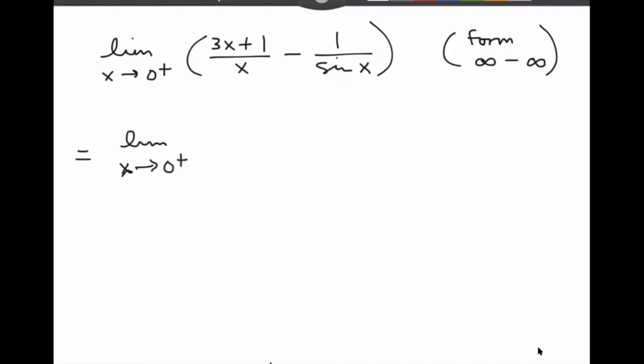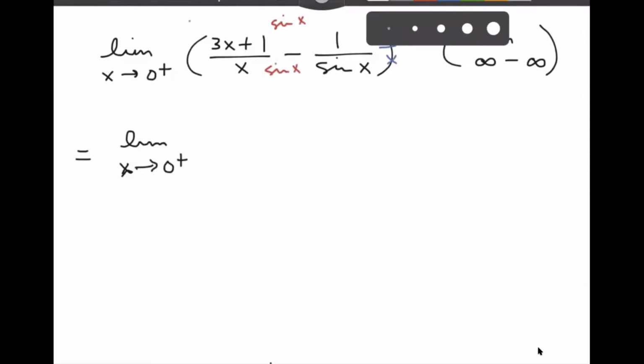So combining this into a single expression, I need a common denominator, which is going to be x sine x. So I am going to multiply the top and the bottom of this expression by sine x, and the top and the bottom of this expression by x.